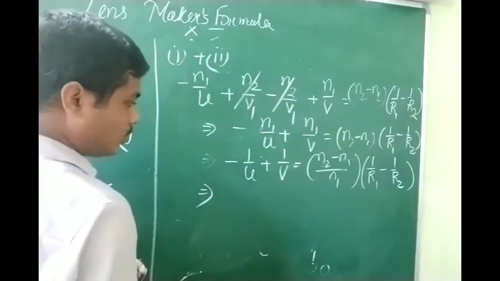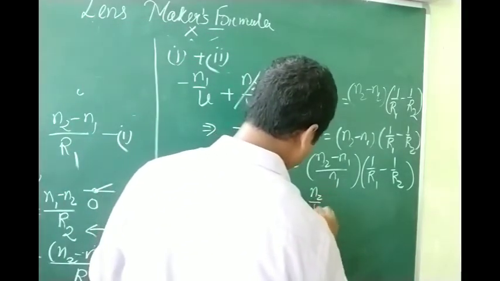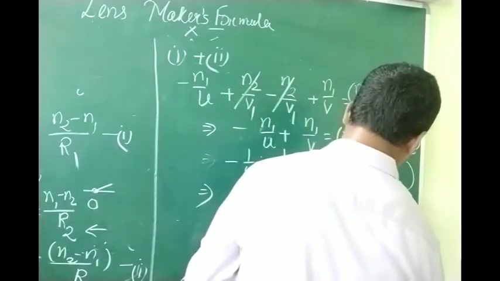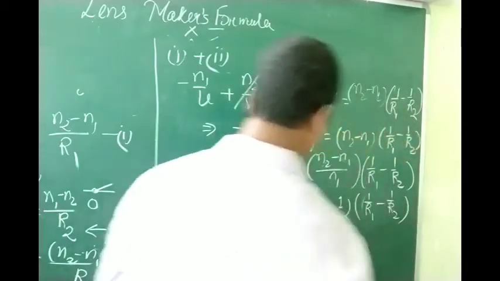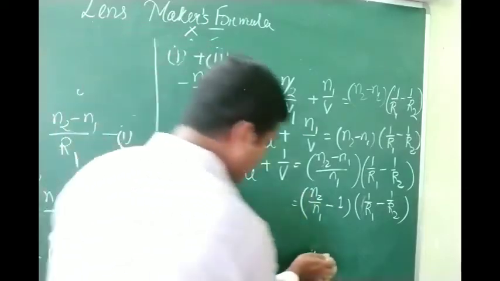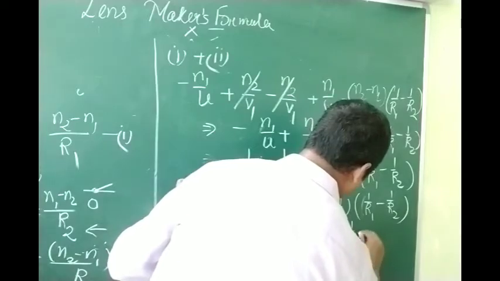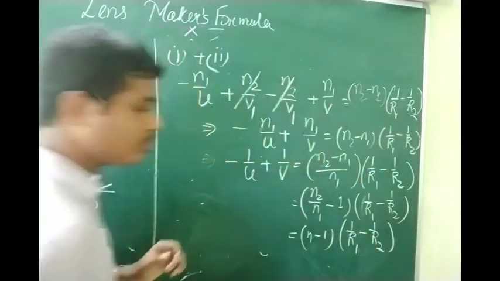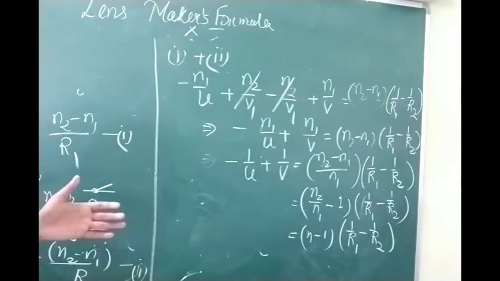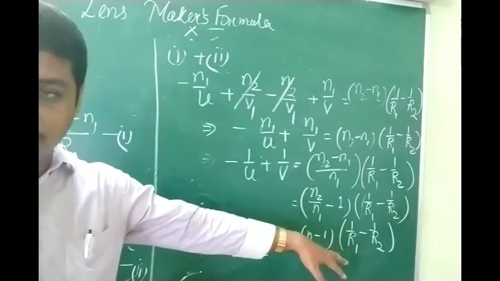Now minus 1 by u plus 1 by v, I can write as n2 by n1 minus 1, into 1 by R1 minus 1 by R2. Next, n2 by n1 I can directly write as n, the refractive index: n minus 1, into 1 by R1 minus 1 by R2. So we have got the formula, minus 1 by u plus 1 by v equals n minus 1 into 1 by R1 minus 1 by R2.